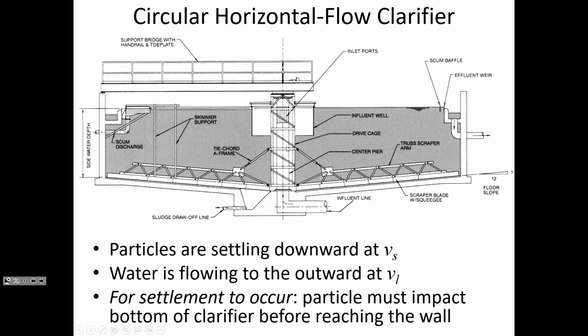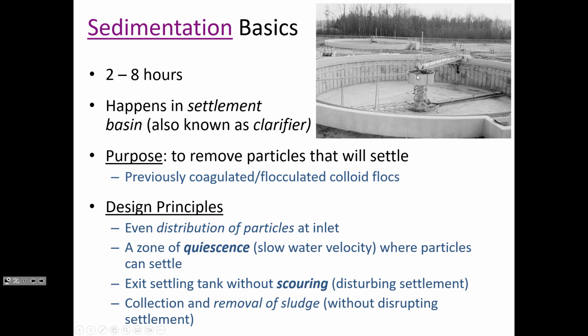The water is going out radially, and so it's going outwards towards the right and going towards this effluent weir, but it's also going outward to the left. It's coming towards us and also outward into the page. If we look from above, the water is coming from the center and it's moving towards this outside edge in all directions. It's moving out.